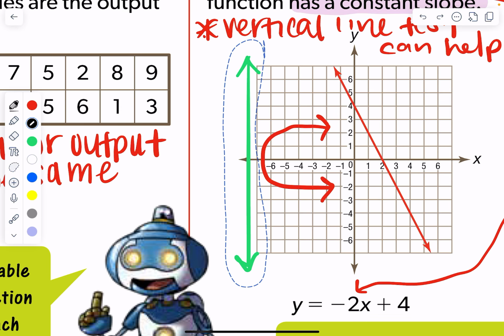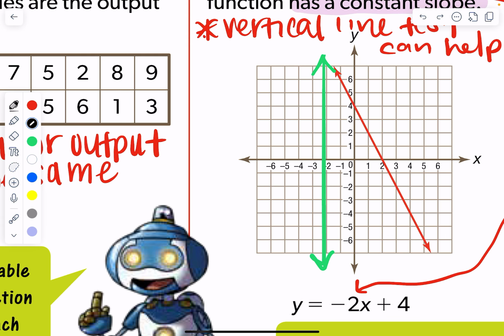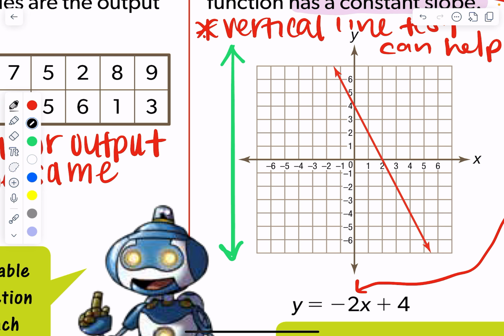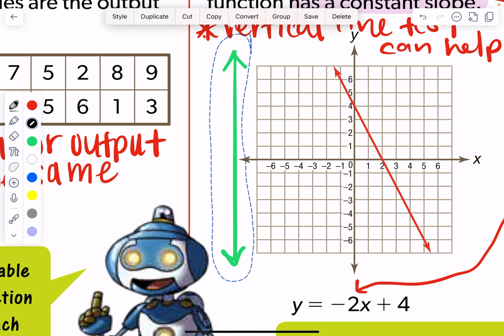However, this line that we are given is a function because none of them share the same x value. So students can literally use their pen and slide it from left to right to see whether the graphs are following the vertical line test.